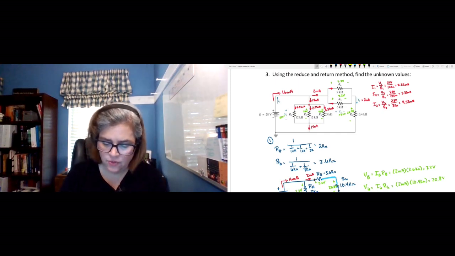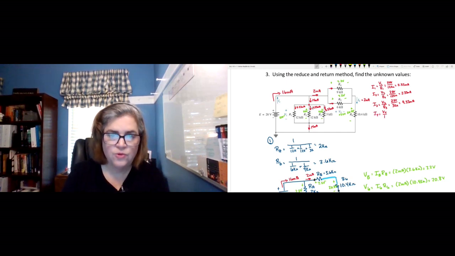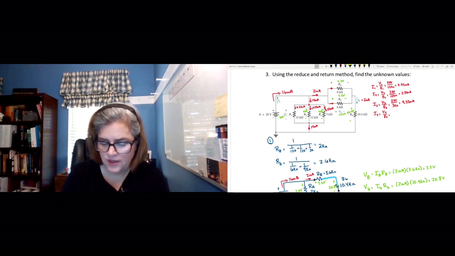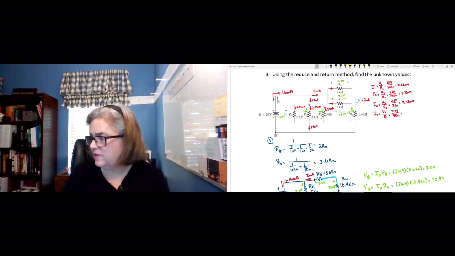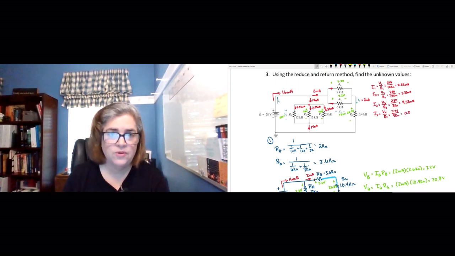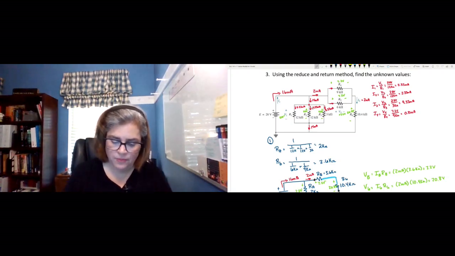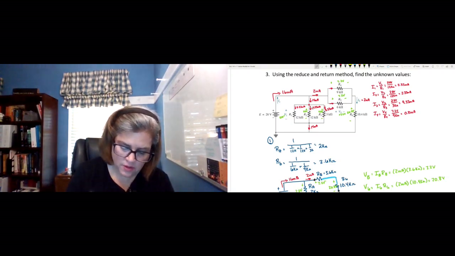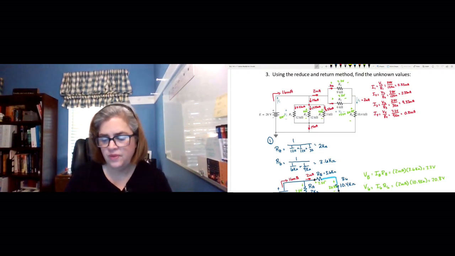And now we need I4, which is V4 over R4. So the voltage drop across R4 is the 7.2 volts, and that's a 9K ohm resistor. So there we'll have 0.8 milliamps, or 800 microamps if you like, 0.8 milliamps here.